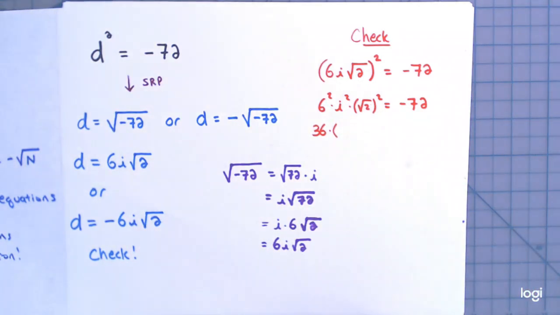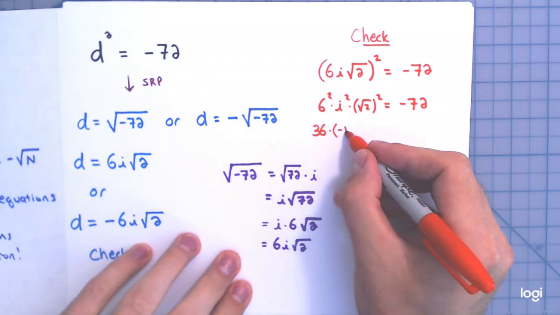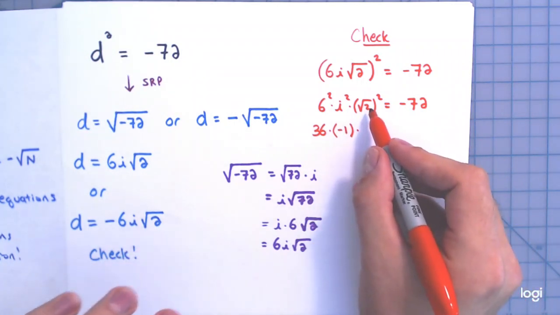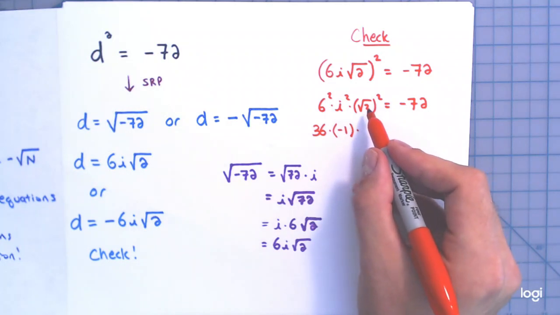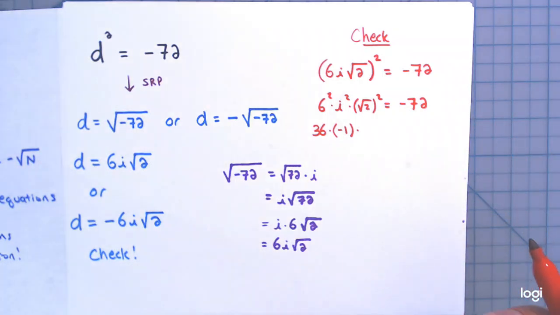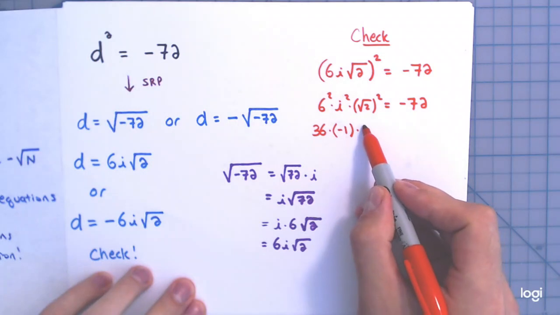Remember, I is the principal square root of negative 1, so when you take I squared, that's negative 1. The square root of 2 is a real number, so when you have the square root of 2 squared, or the square root of 2 times the square root of 2, you can put those together with the product property for radicals, a product of real numbers. That's the square root of 4, or just 2.